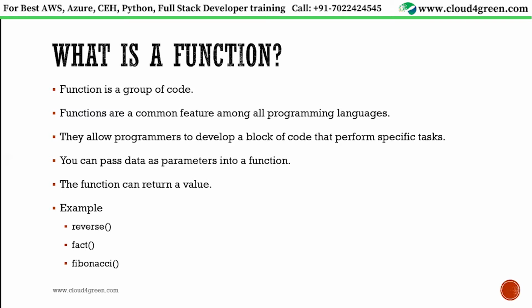Why do programmers write functions? It allows programmers to develop a block of code that performs a specific task. A function can be written for completing a specific work or task. Whenever we write a function, we can also pass parameters into it.